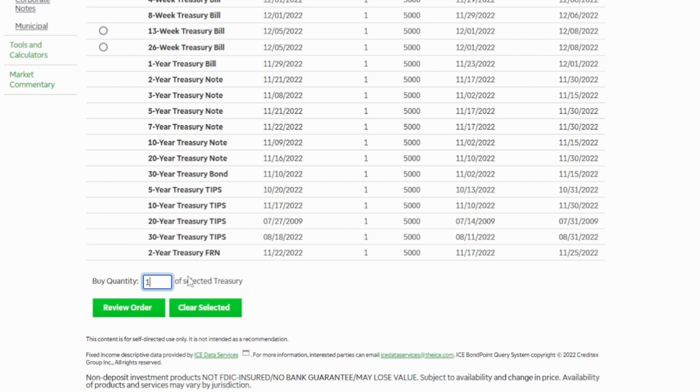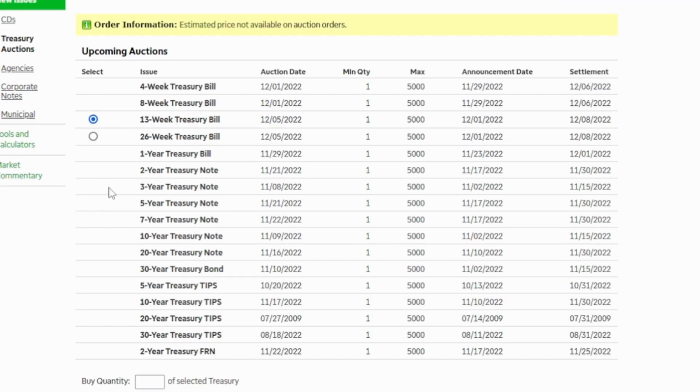So bad on Ameritrade for not doing that as well, because people who are just buying this for the first time may not know, especially since on Treasury Direct you can buy in $100 increments. So here you have to buy in $1,000 increments, and they assume that you understand this, and many people may not.